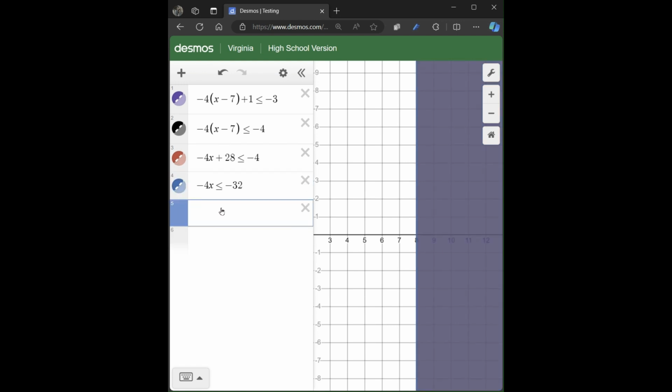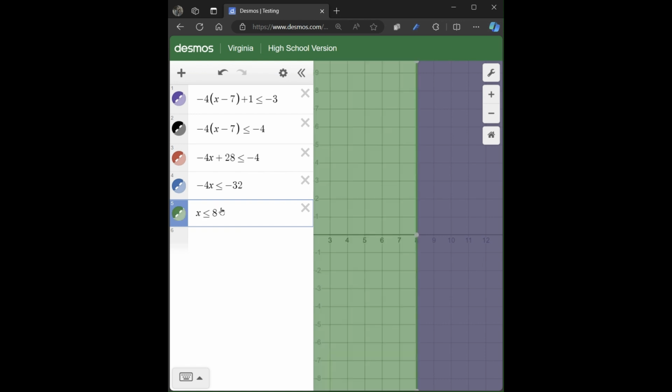So obviously, something happened between step 4 to step 5, because when I type in x less than or equal to 8, that's when the graph changed. So here, between step 4 and step 5, he made a mistake.